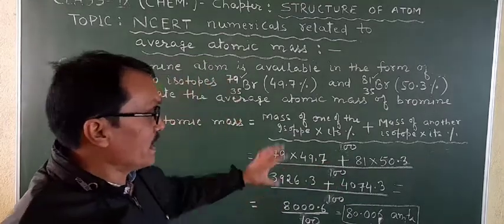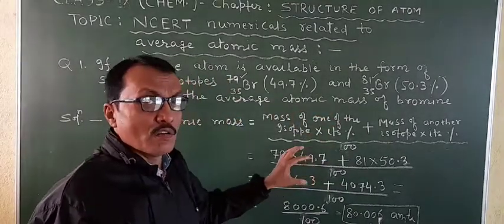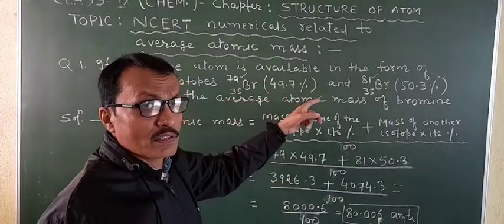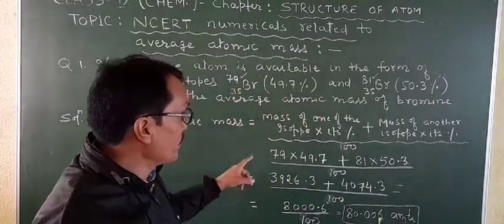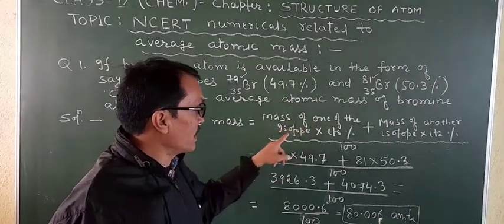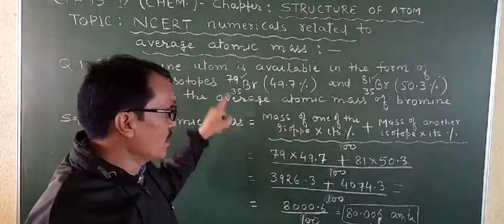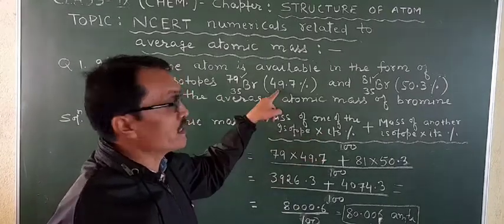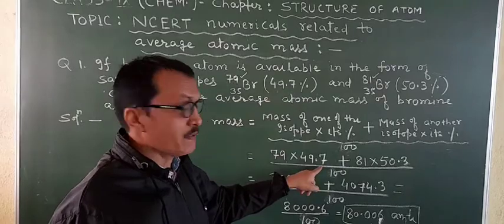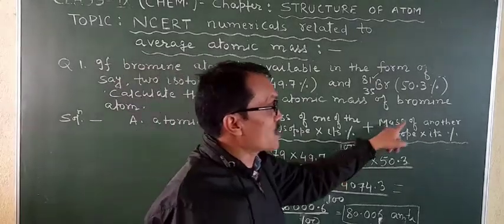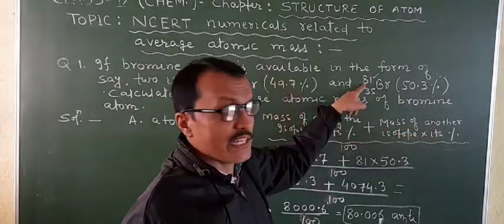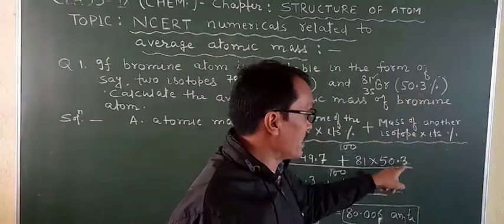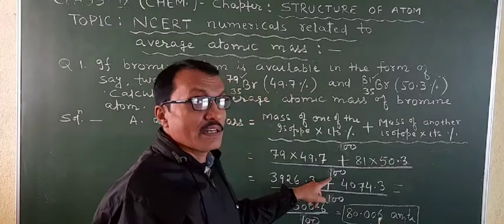Now in this formula, we will put the given values of the two isotopes of bromine. The mass of one isotope is 79, so 79 multiplied by its percentage 49.7, plus the mass of another isotope 81 multiplied by its percentage 50.3, divided by 100.